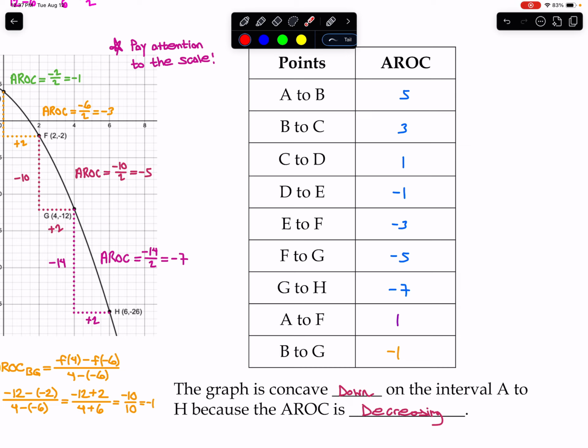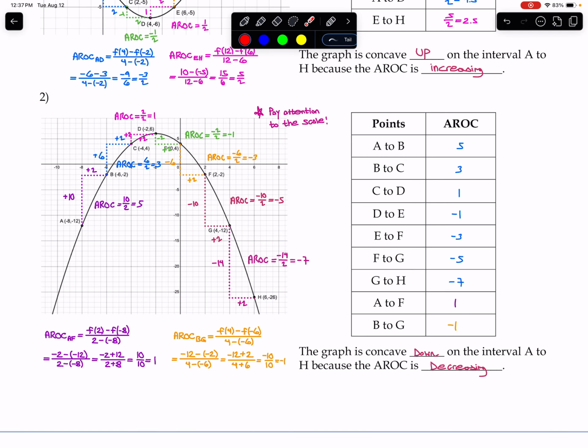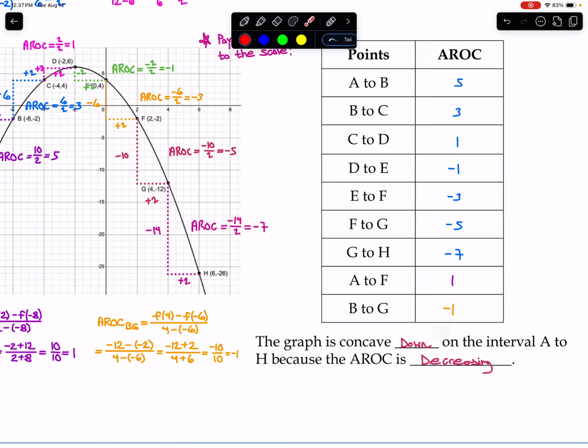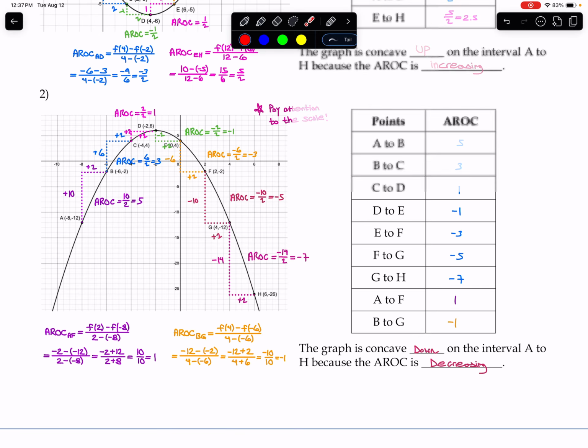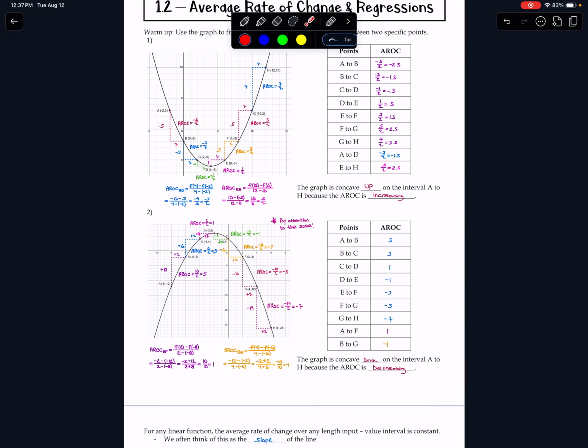Because the average rate of change, or the slope rather, is getting further and further negative, it's decreasing. And because the average rate of change is decreasing, that tells us your graph is going to be concave down. So really we're looking at the connection between the average rate of change and concavity. If the average rate of change is increasing, concave up. If the average rate of change is decreasing, we're concave down.